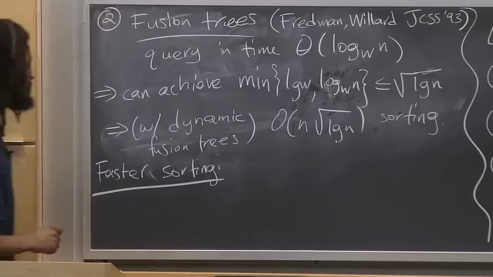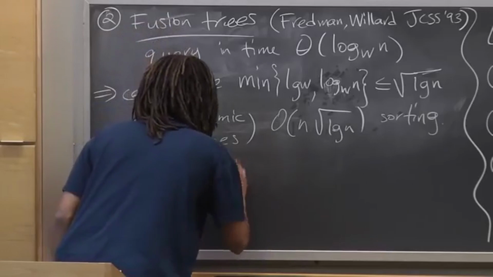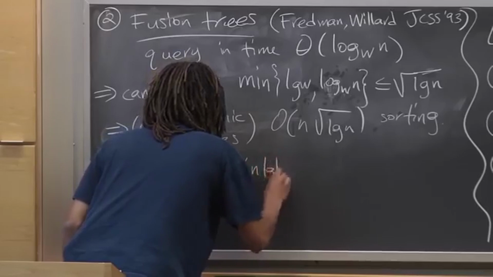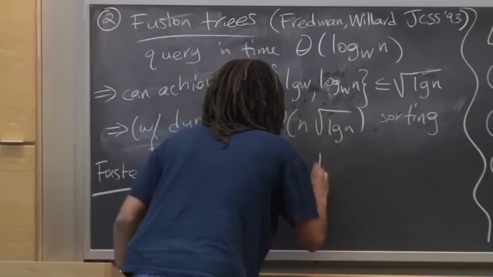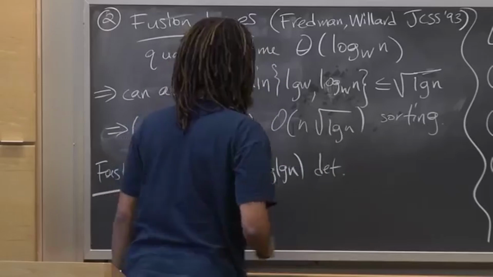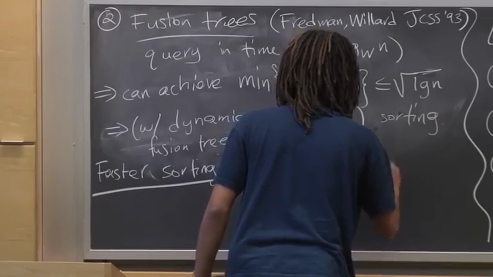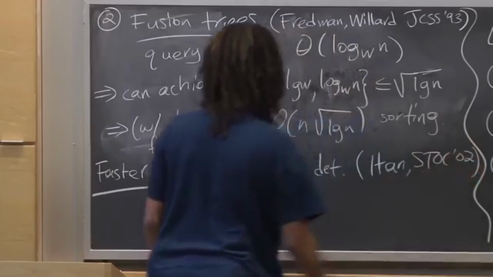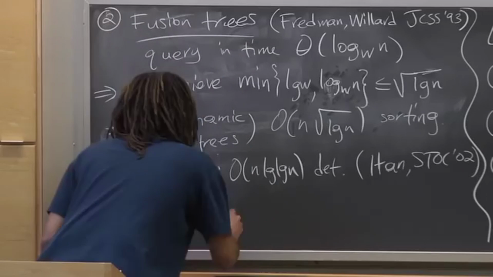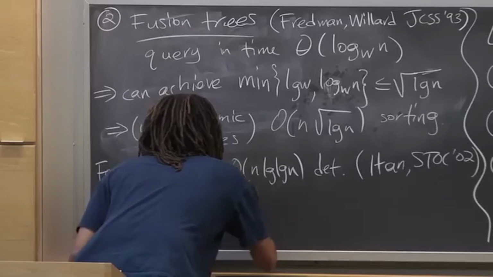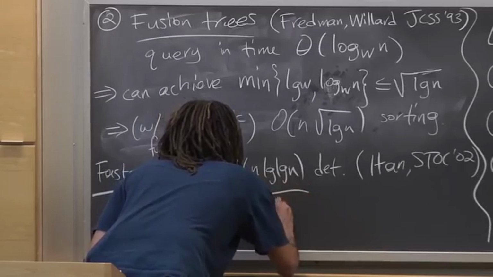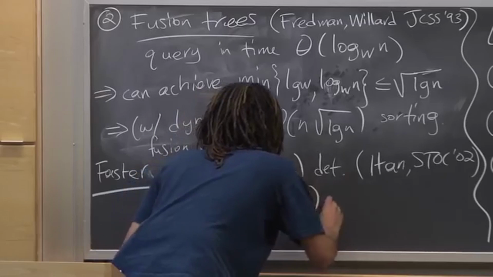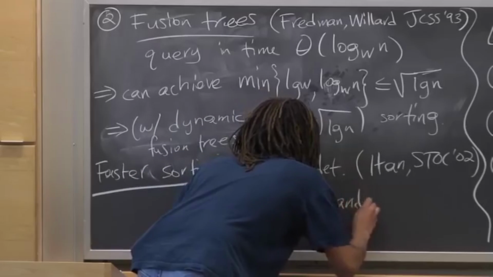Okay. So you can get O(n log n) deterministic. This is due to Han in STOC 2002. You can also get O(n square root log n) expected time randomized.